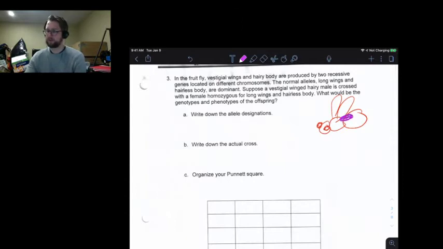And that's a vestigial wing. It doesn't actually help them fly at all. It's just a wing that some of them carry on them still. And then hairy body is they actually have little hairs on their body. That looks like little legs, so maybe I'll make it a different color.